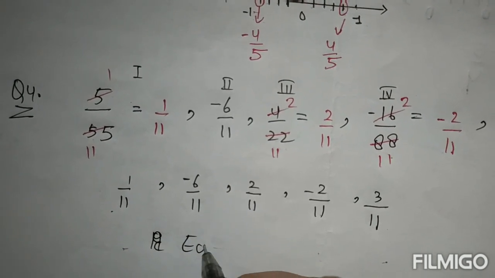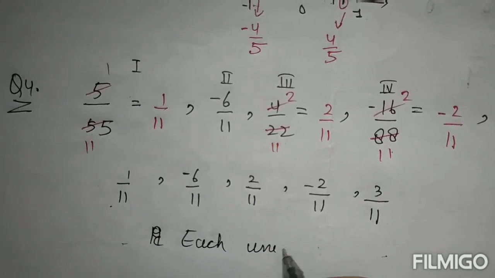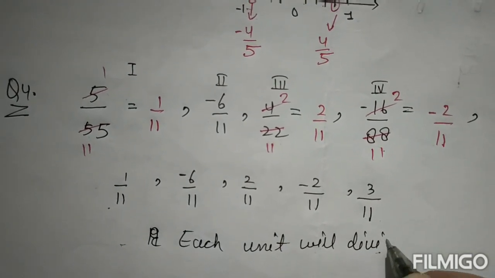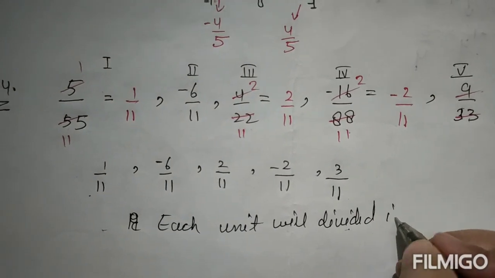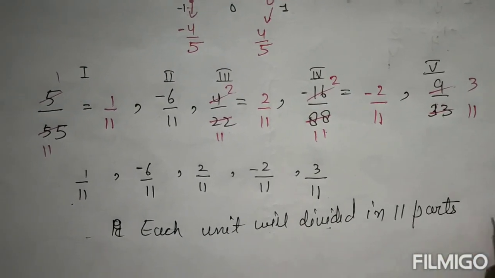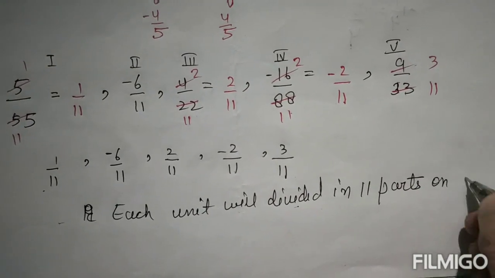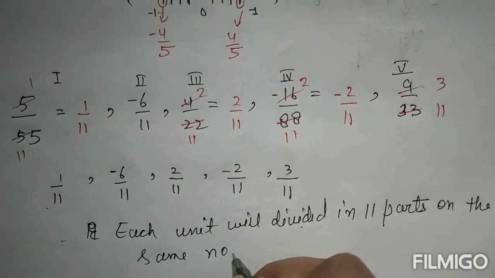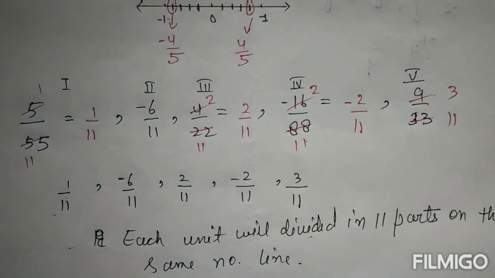You have to write like this: each unit will be divided in 11 parts on the same number line. Clear?